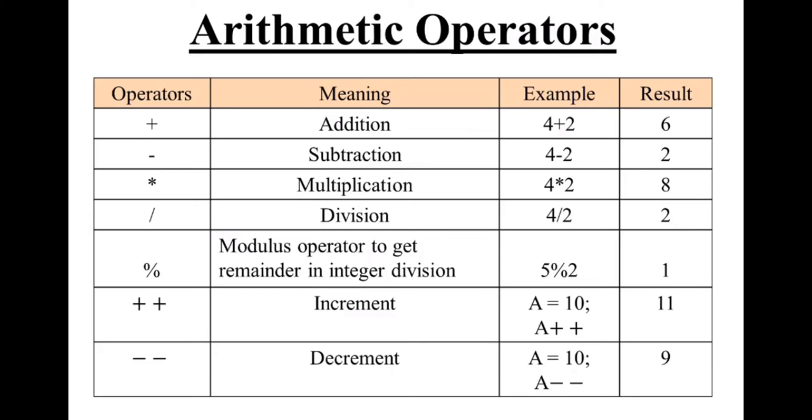Increment is a plus plus, so your value would get incremented by 1, and decrement gets decremented by 1. You use these a lot in your for and conditional statements. So let's go to our program.